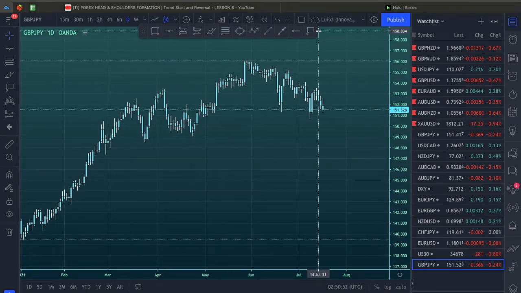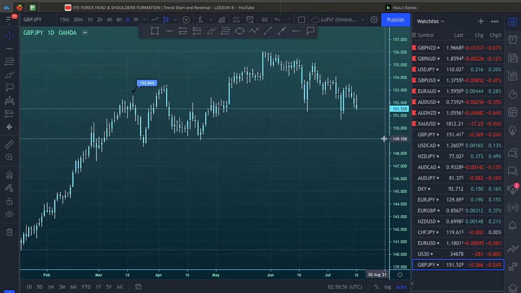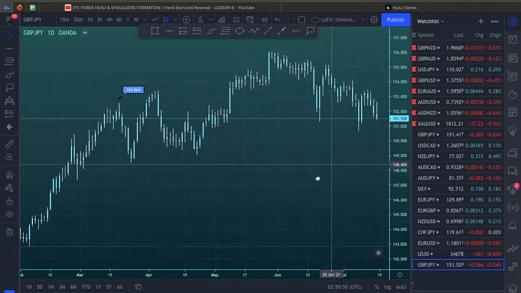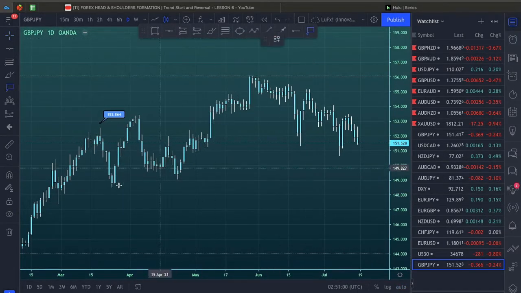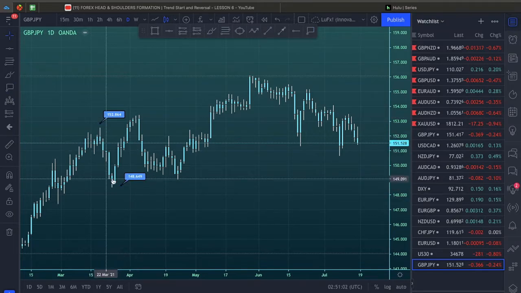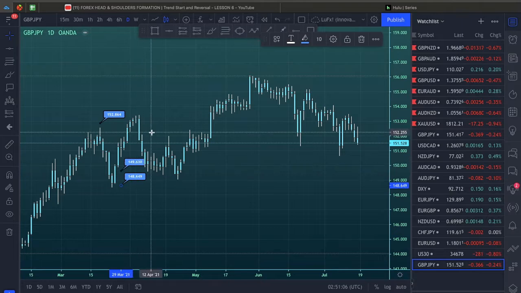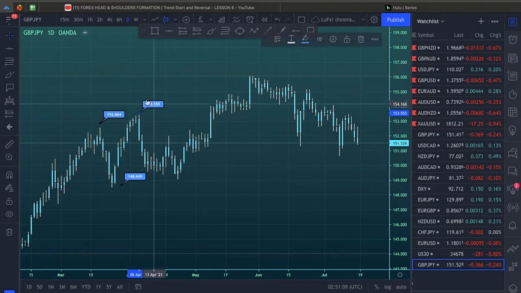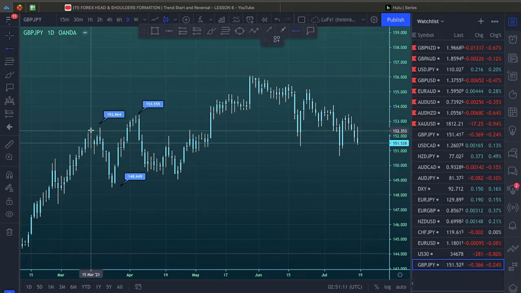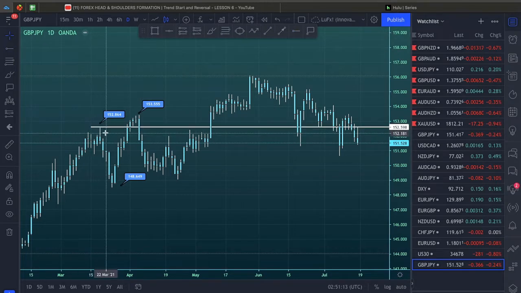So let's just start with this high and this low right here. We got our high, we got our low. Now we got a higher high because price broke the previous high right here to make a new higher high, right? So now we're bullish.